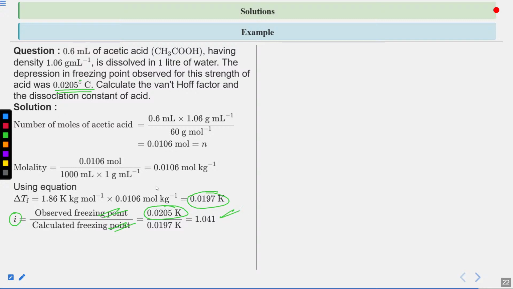We don't have to worry about unit because delta TF value is a difference, and in a difference we don't consider the unit in case of temperature.